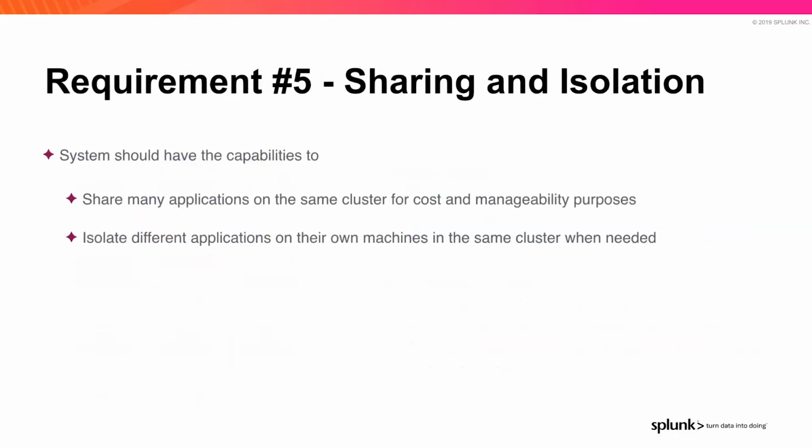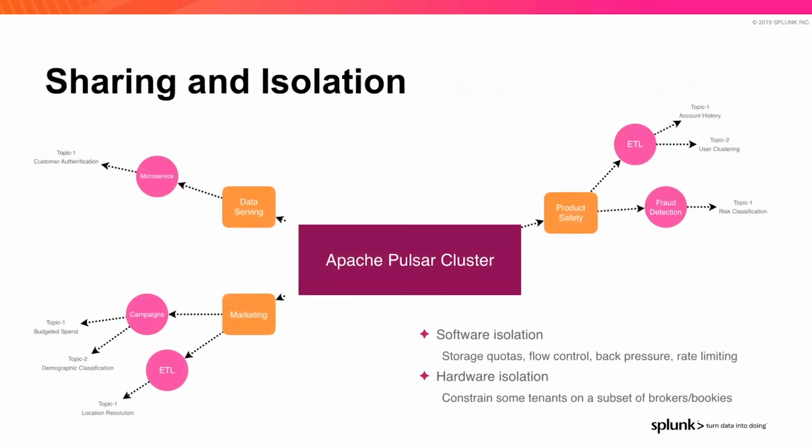Sharing and isolation. Systems should have the capability to share many applications on the same cluster for cost and manageability purposes, and isolate different applications on their own machines in the same cluster when needed. This comes into the concept of multi-tenancy, which is built into Pulsar, where each cluster has the notion of several tenants, and each tenant can have namespaces, and within each namespace you can have multiple topics.